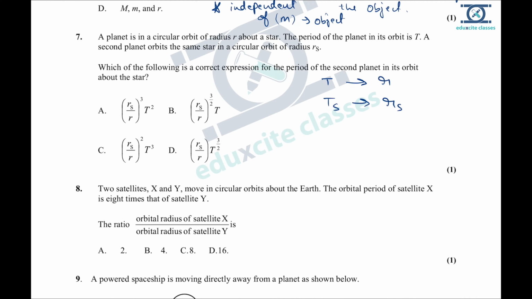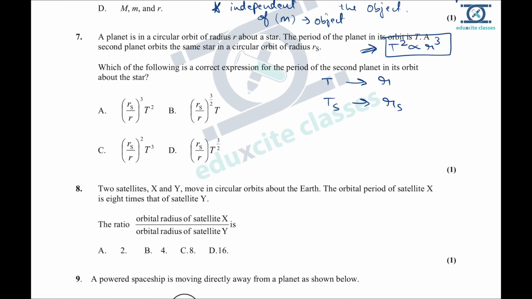I can do it directly, but you should know the relation: the time period squared is directly proportional to the cube of the radius of the orbit. This is also Kepler's third law, and how you derive this in detail has not been asked, so you can use this relation, it is not given in your data booklet.